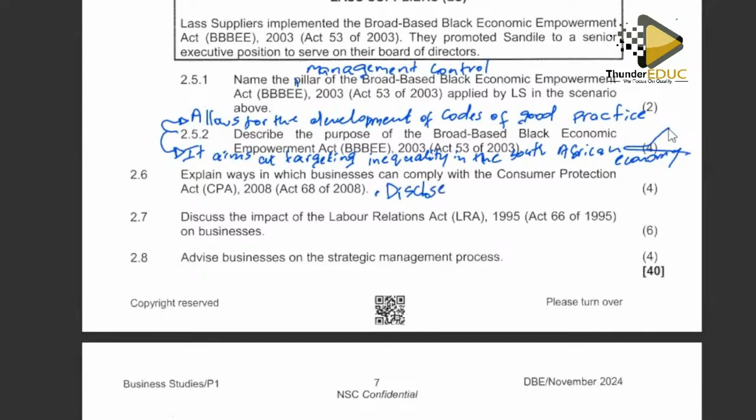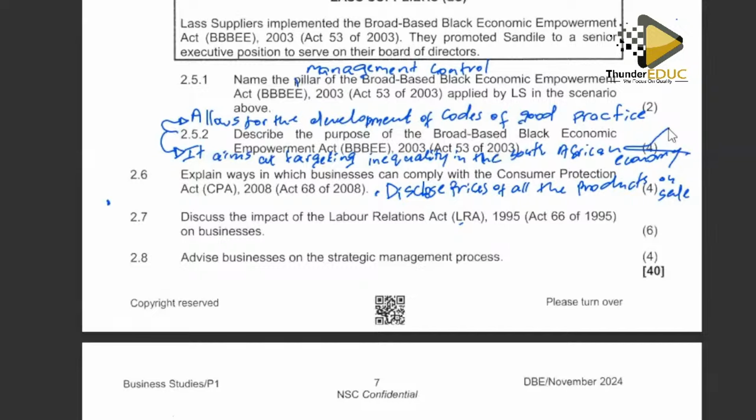We are saying that disclose prices of all the products on sale. Okay, right?